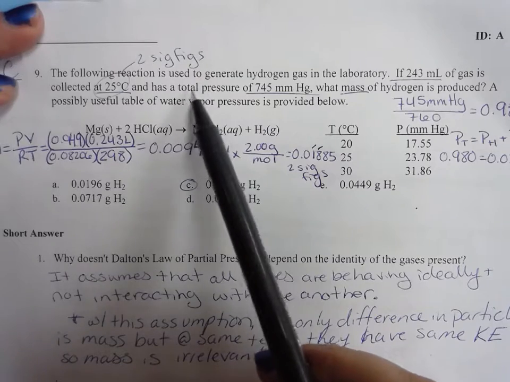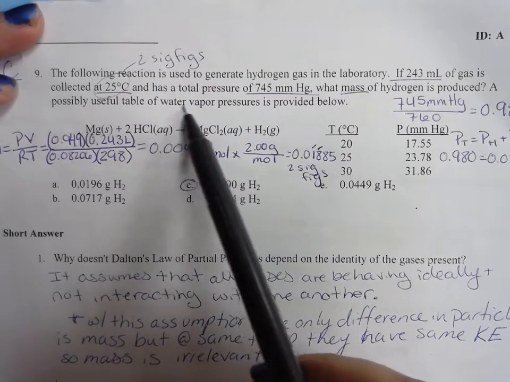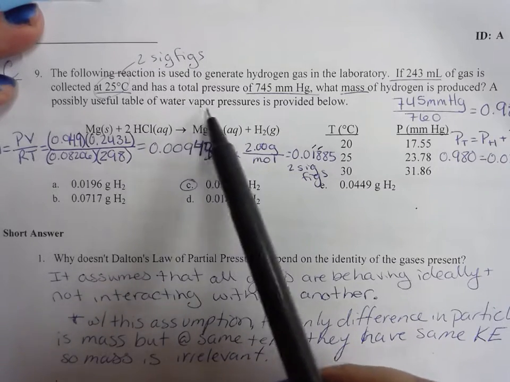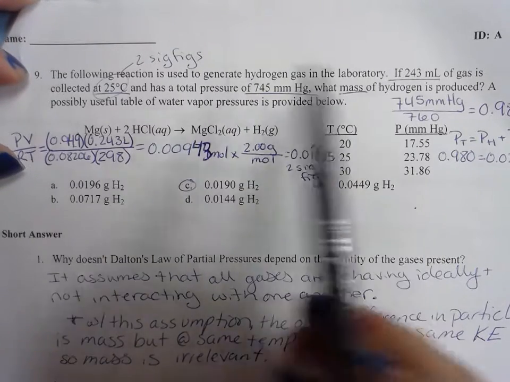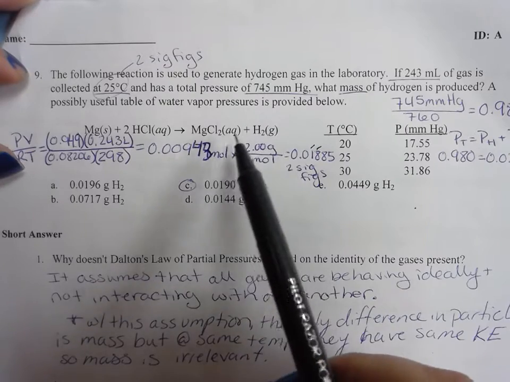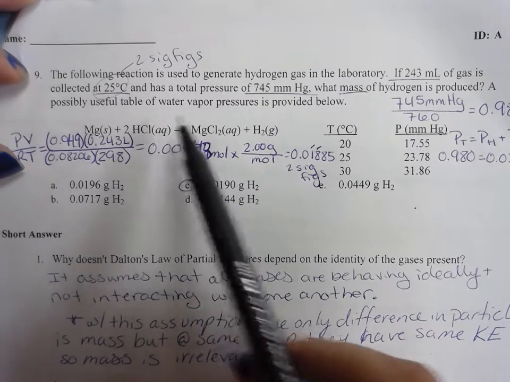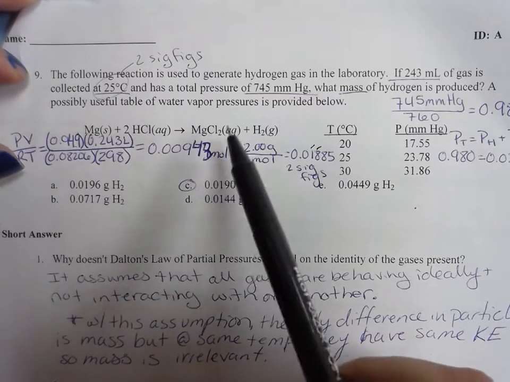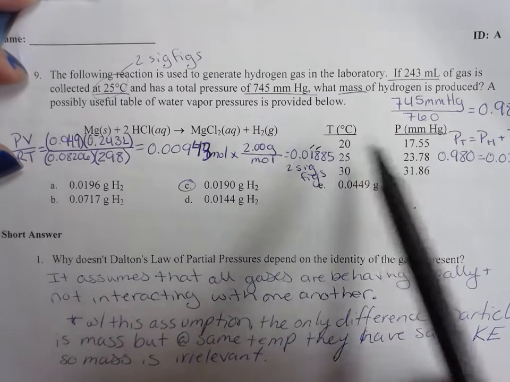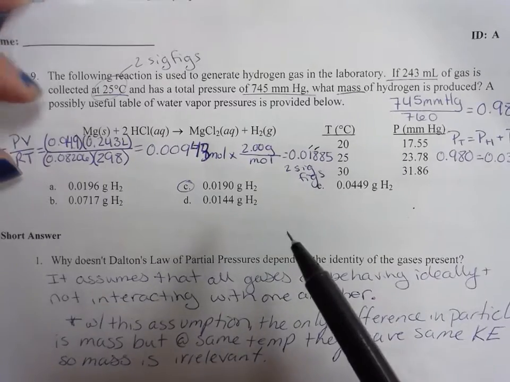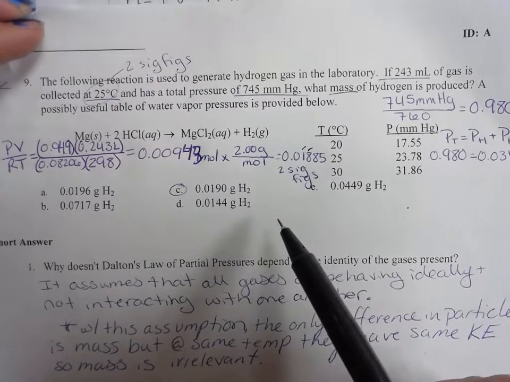The giveaway here is total pressure, and they give you a table of water vapor pressures. So we know we're dealing with the partial pressure of water, collection of hydrogen gas. It's an aqueous reaction, so we're most likely collecting this gas over water, and we do it like we did in the lab problem.